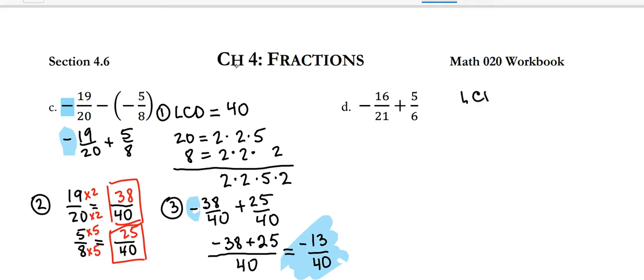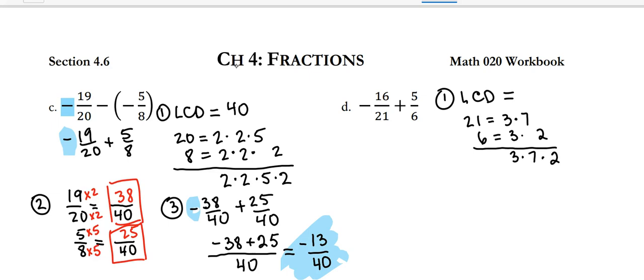So 21 is 3 times 7, and 6 is 3 times 2. All right, so your LCD will use 3 times 7 times 2. So LCD is 42.